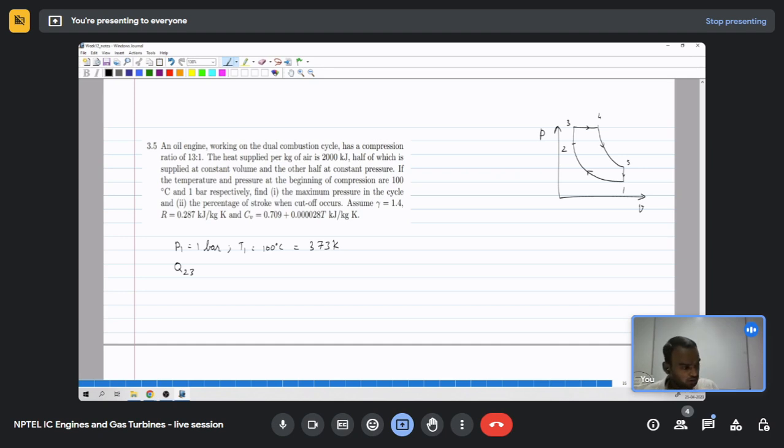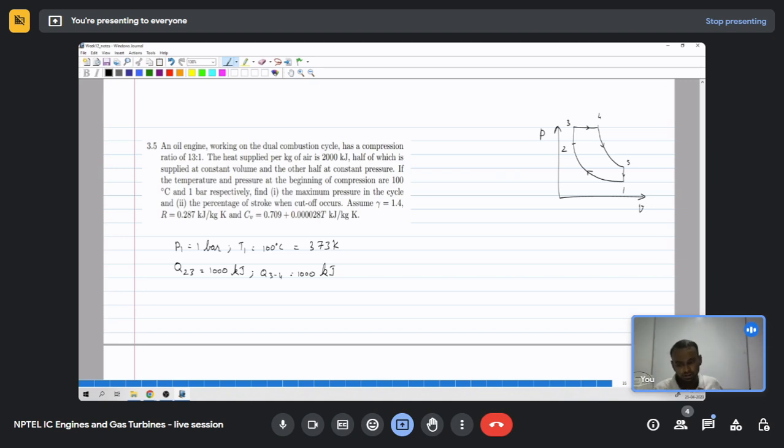So Q2 to 3 is constant volume combustion, that is half of the heat supplied per kg, so that is 1000 kilojoules, and similarly Q3 to 4 is the other half, also 1000 kilojoules.